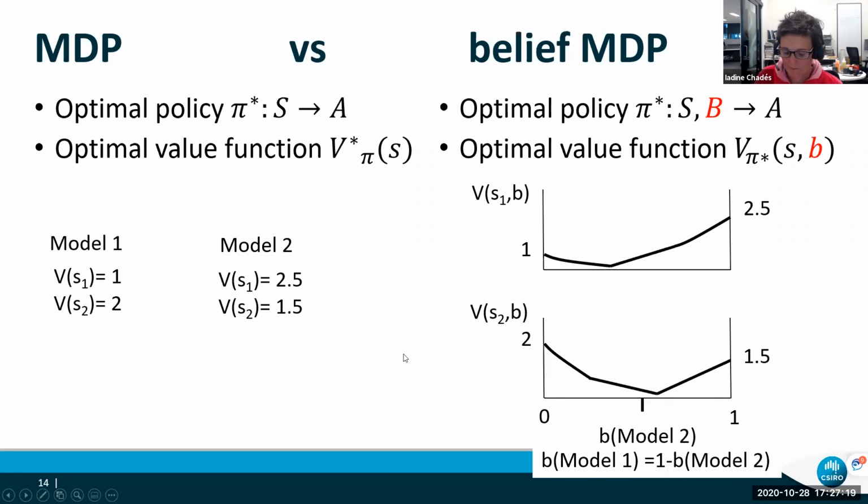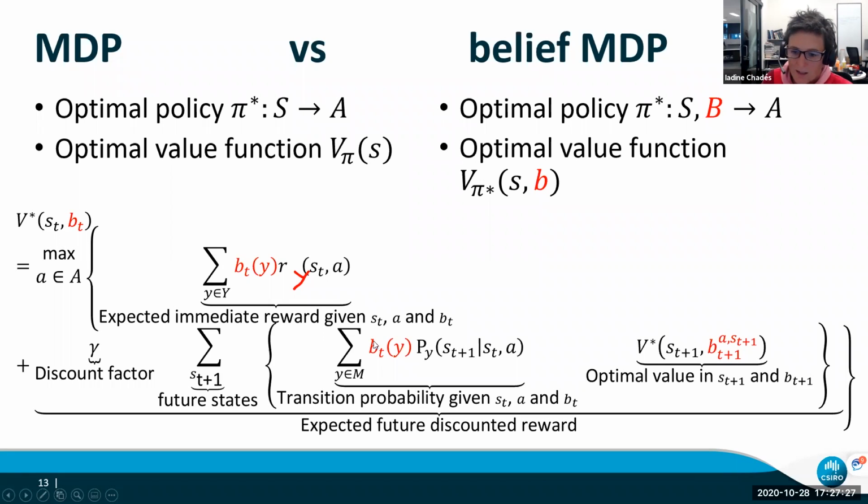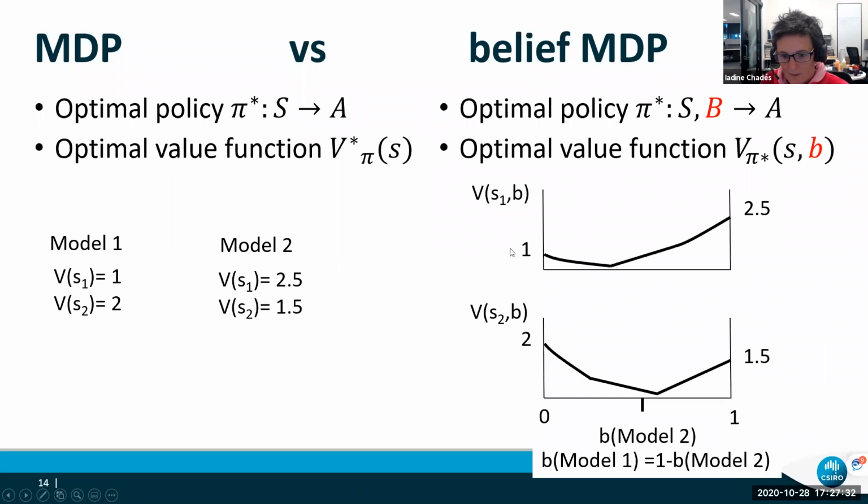Okay, so now I want to step back a little bit and reflect. We have some equations, but it's hard to see what's happening here. So let's go with a graph. In the case where we have an MDP, let's say for model 1, our optimal value function is 1 when we are in state S1 and 2 when we are in state S2.